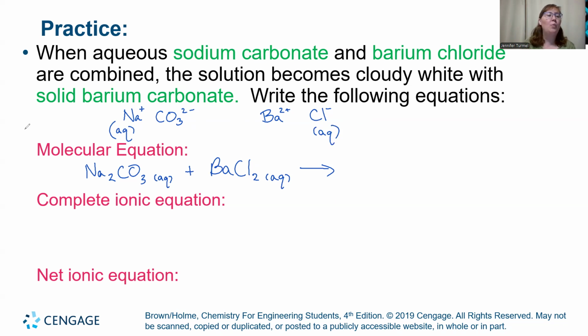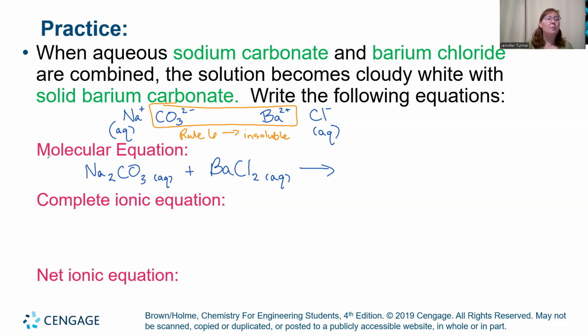Now let's see what happens when we combine our barium and our carbonate. According to rule 6, carbonates are only slightly soluble, so this is going to be my insoluble precipitate.